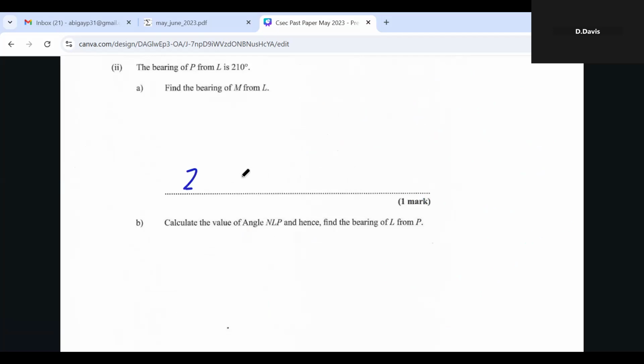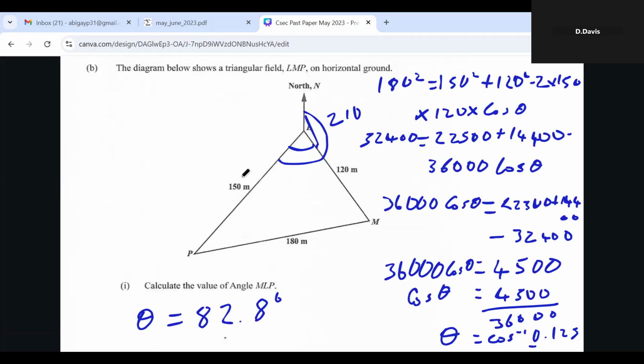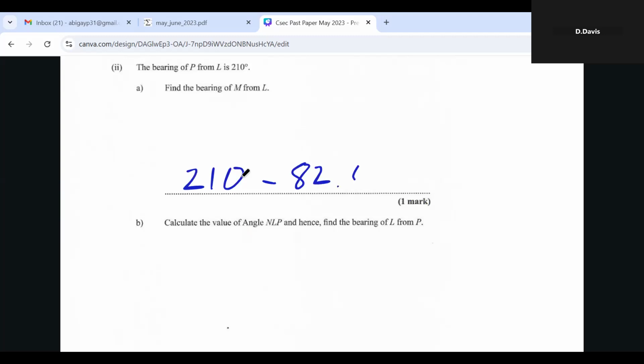So 210 minus 82.8. 82.8. That would equal 7.2.